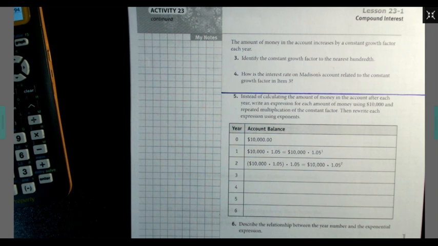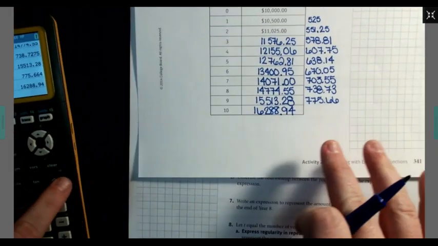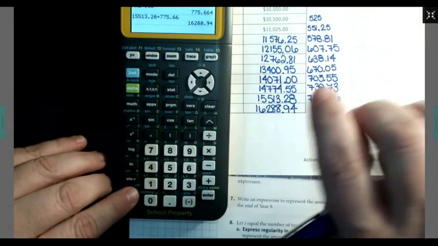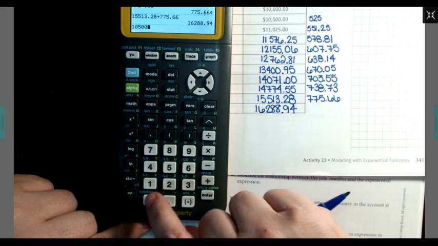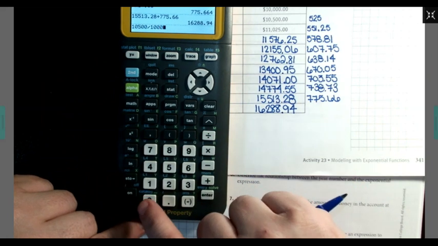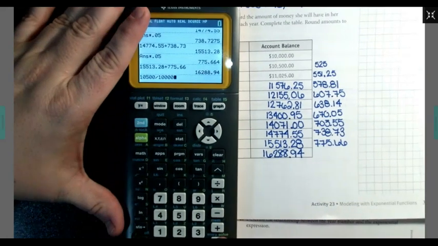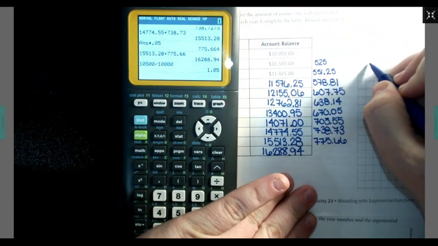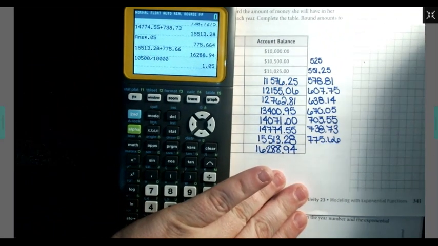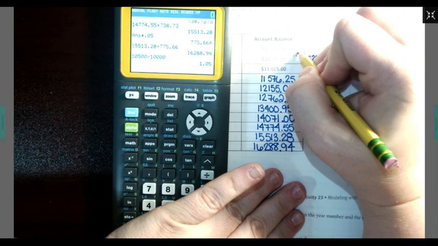What we're going to do is take our numbers and divide them. I'm going to take 10,500 and divide by 10,000, the previous amount. Remember, if I do that, I should be able to see the same number up here. This time I'm going to write this in pencil. When I divided these two, it was 1.05.